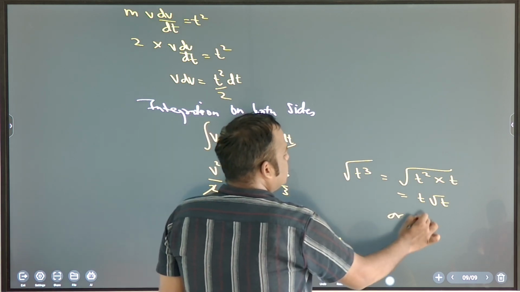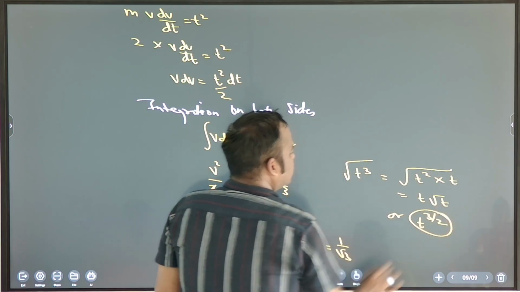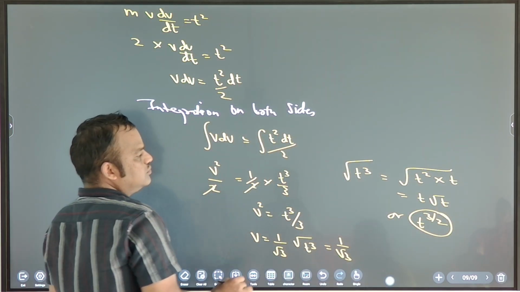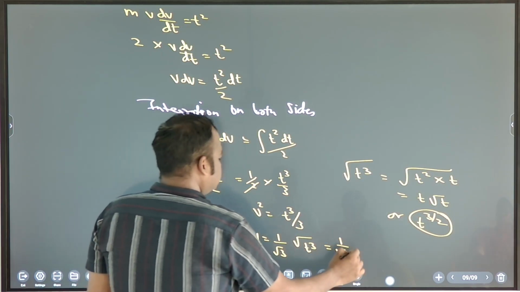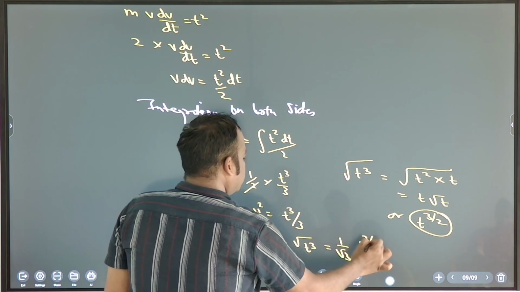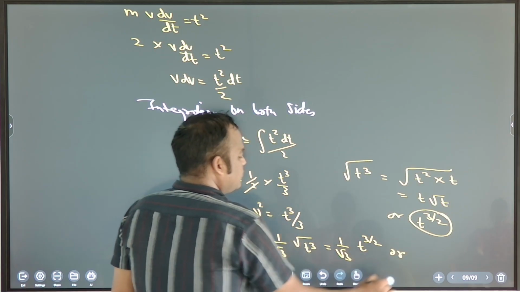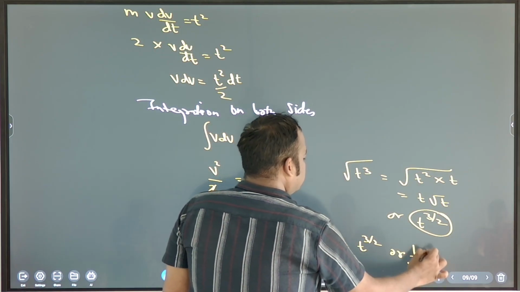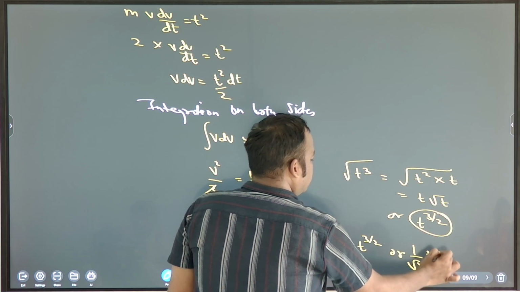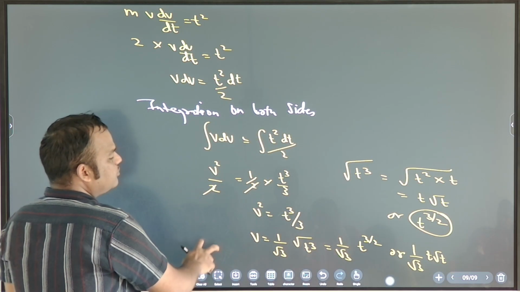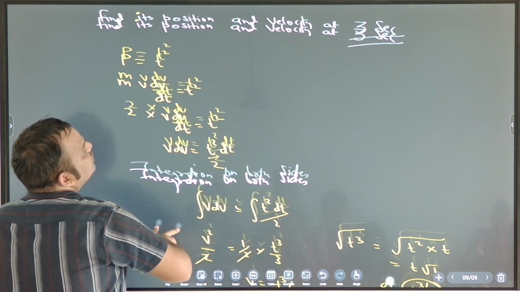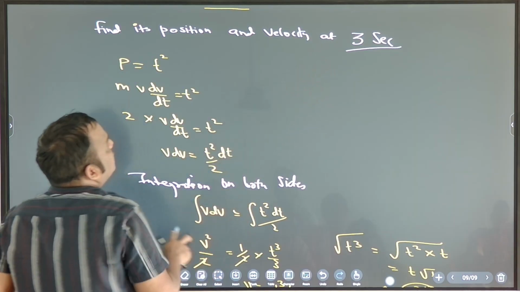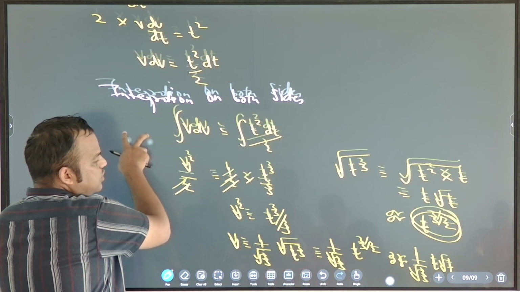Or you can say t power 3 by 2. So this is t power 3 by 2, or 1 by root 3 into t root t. Okay, clear? So this is velocity. Now at what time am I asking velocity? 3 second. Now put 3 second here.